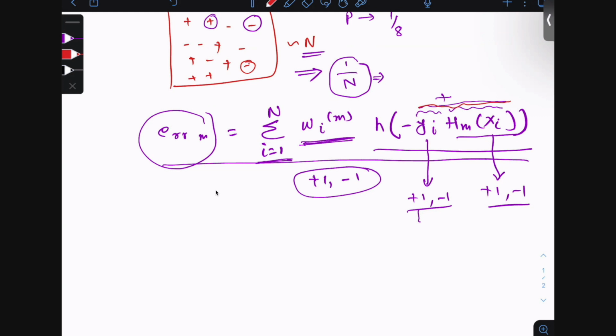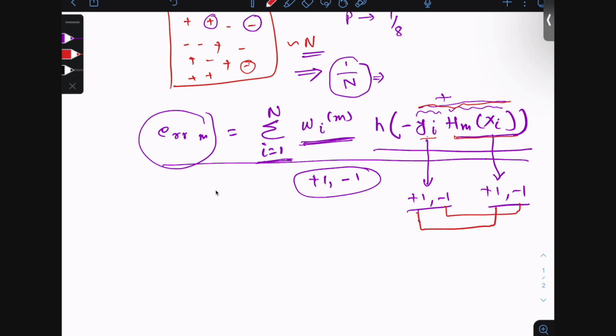Similarly, if this was the negative class and this also predicts the same negative class, then -1 and -1. In these two cases, they are doing the same prediction.